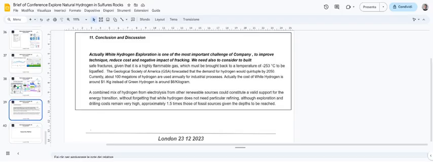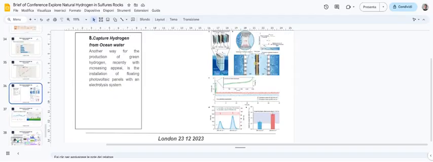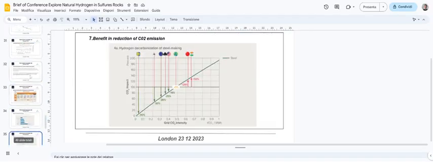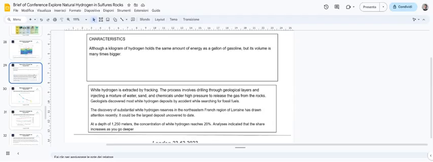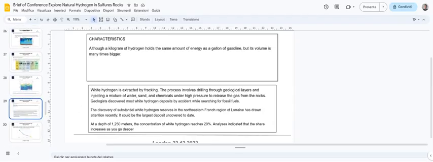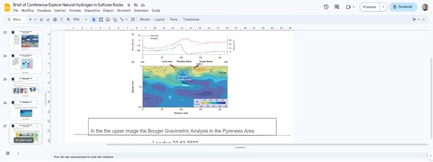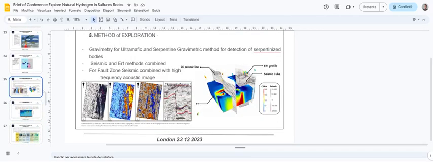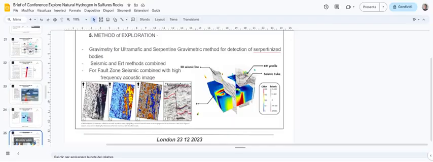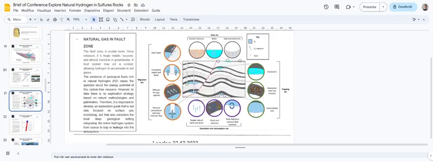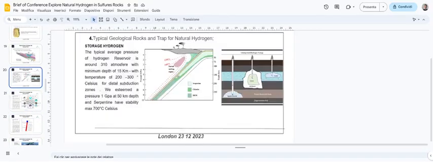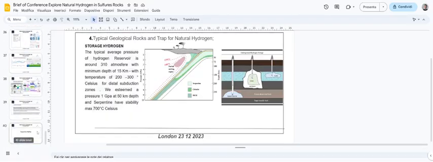So we must pay attention to the challenges, to try to find the best way to do exploration, and also reduce the cost of fracking for white hydrogen, which has just a low price, and is also the first type of hydrogen with the very lowest footprint. Thanks for your attention.